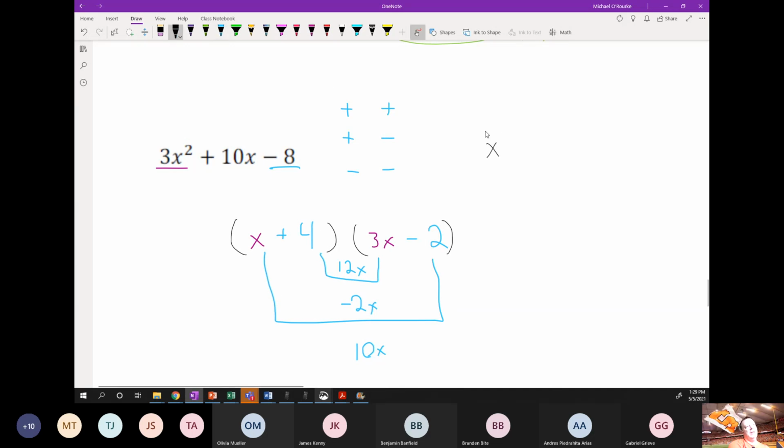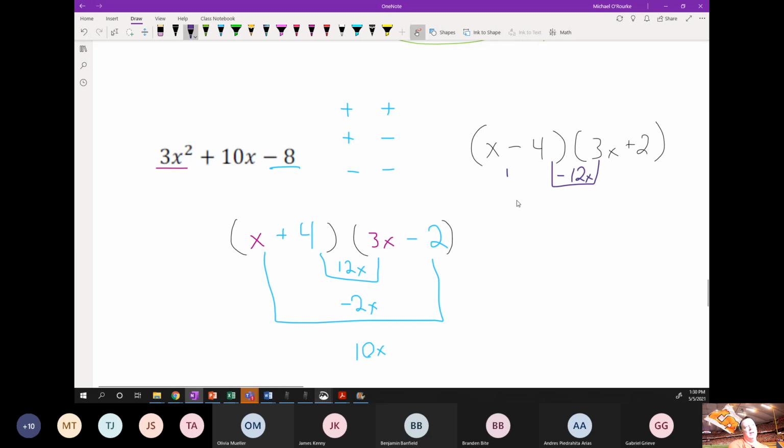Because you could have started with the negative over here, correct? And you could have put 4 and 2 like this. And when you checked it, you get negative 12x. Oops, that's a horrible 12. But this is where your problem-solving skills come in.